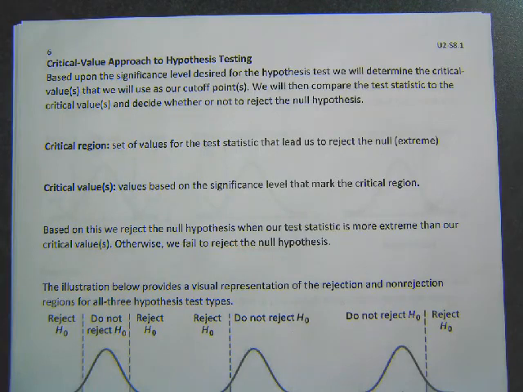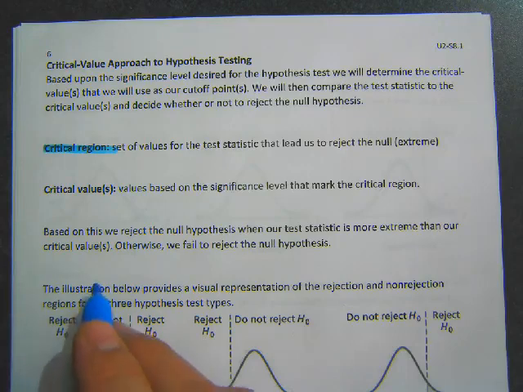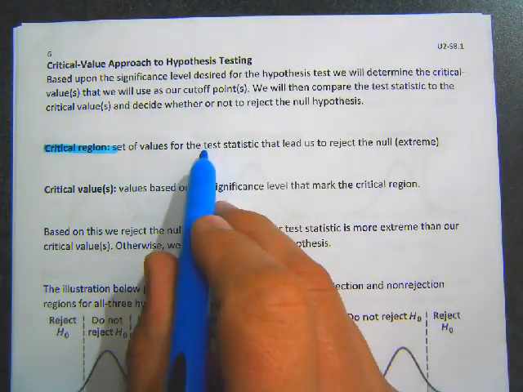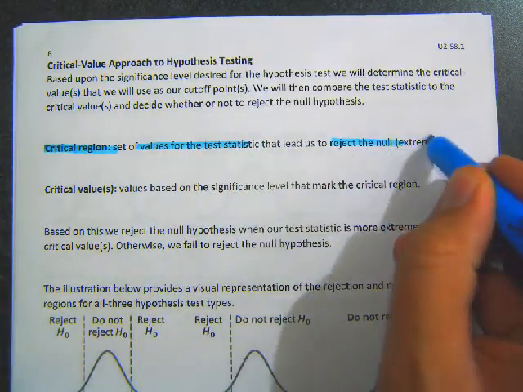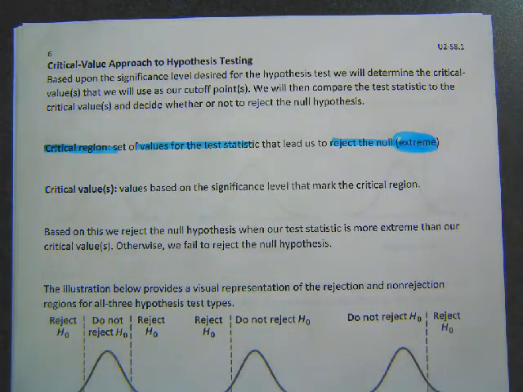If your test statistic is more extreme than the cutoff points, that's when you'll end up rejecting. So we'll have what we call the critical region or rejection region, which is the values where, if the test statistic is in those values, we'll reject the null. So these could be your extreme values. This is when your test statistic from your sample data is more extreme than your critical values.